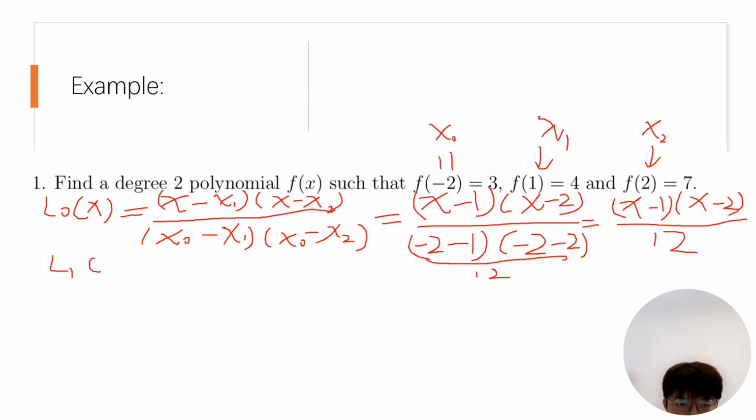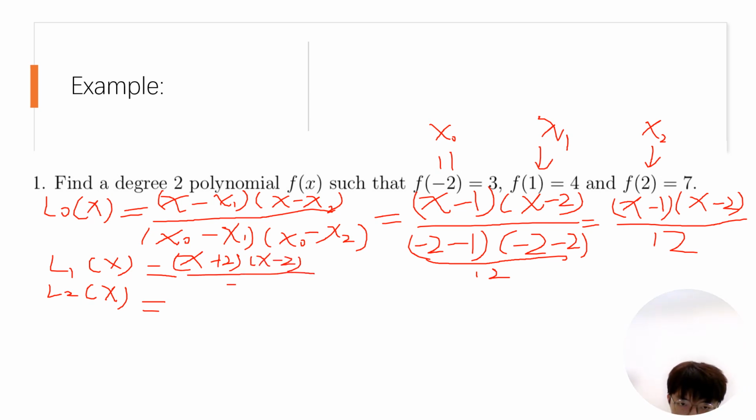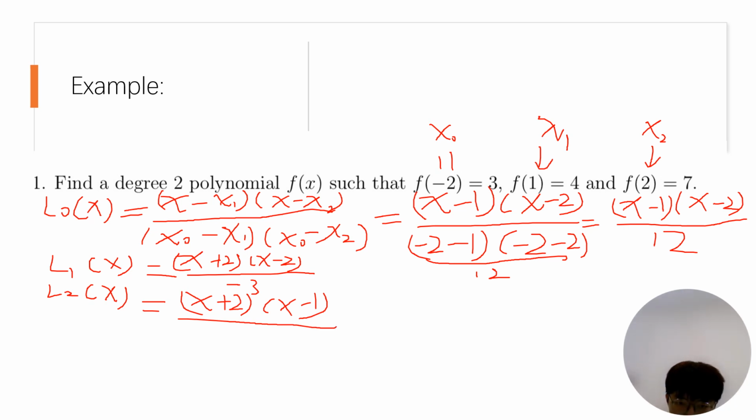L1(x) is (x plus 2)(x minus 2) over minus 3. And L2(x) is (x plus 2)(x minus 1) over 4.